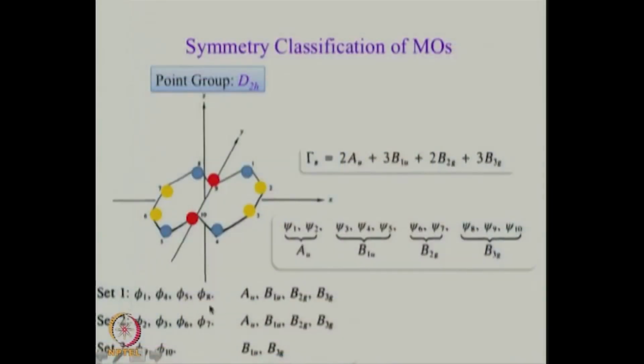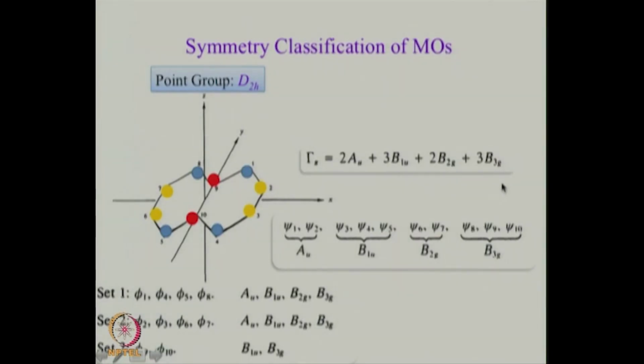actually there is no need to do this. With a little bit of experience, if you just look at this linear sum, 2AU plus 3B1U plus 2B2G plus 3B3G, I can write it as 2 multiplied by AU plus B1U plus B2G plus B3G, plus B1U plus B3G.